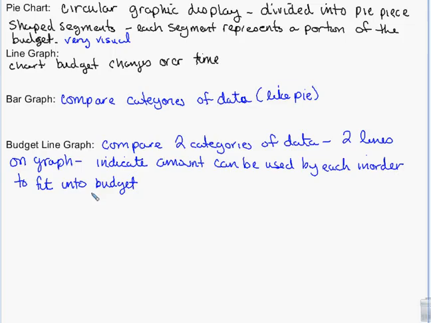You can take two areas and it determines how much you can spend in each area so that you can still fit it into your budget.